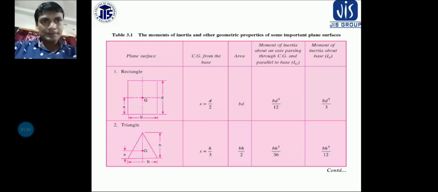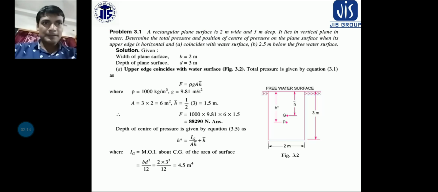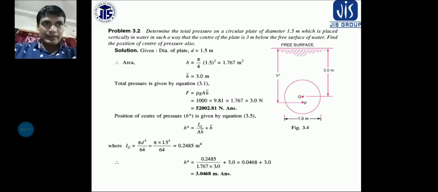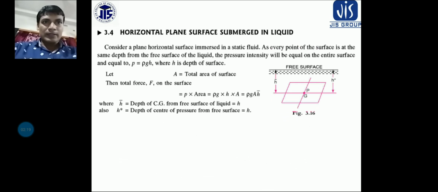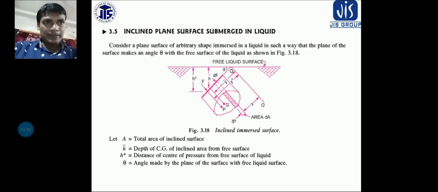Then the moment of inertia of plane surfaces of different geometrical figures: the trapezium, circle, triangle and rectangle. This numerical was discussed, and a horizontal plane surface was taken. Now today we are going to discuss the inclined plane surface submerged in liquid.